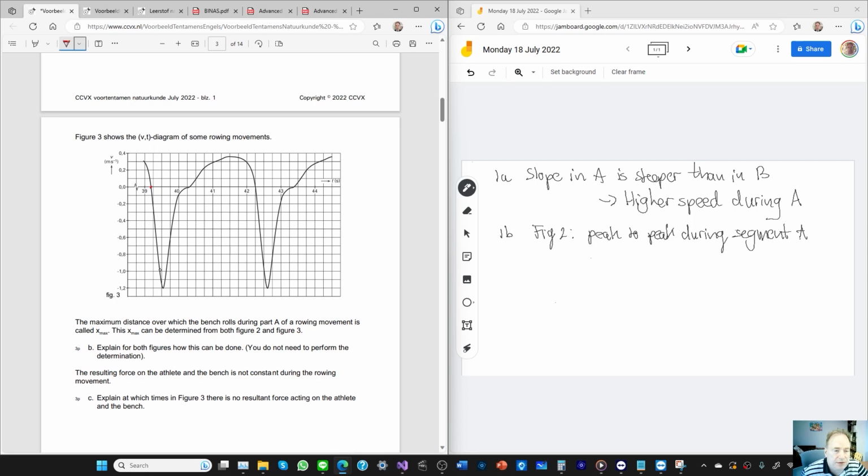It's faster, faster, faster until it reaches some peak velocity here. But then it starts to decelerate to the left, but still in a negative direction, until a point here where it becomes positive. So this will be section A, and this will be section B, where you move to the right.